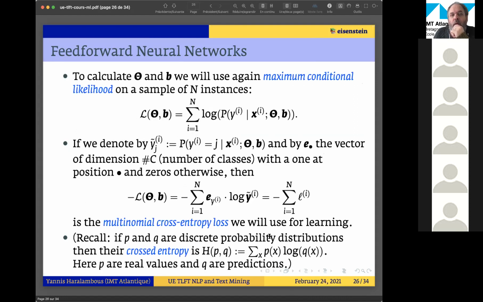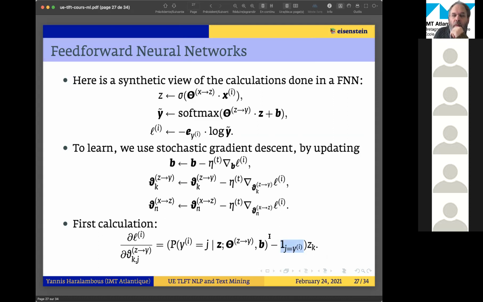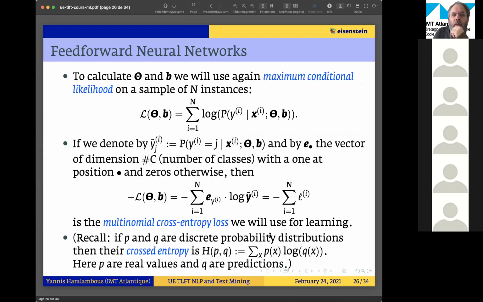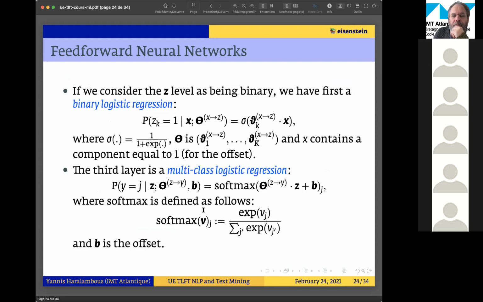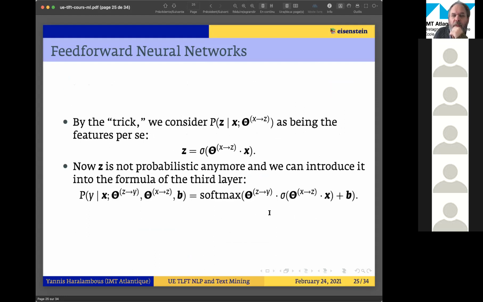So this 1 comes from, where did it come from? From here, from the Softmax.